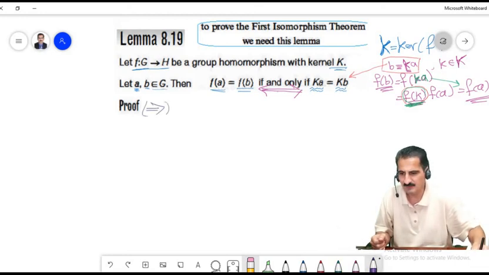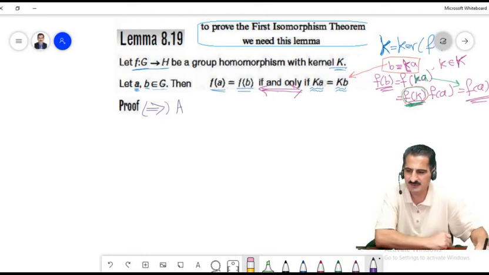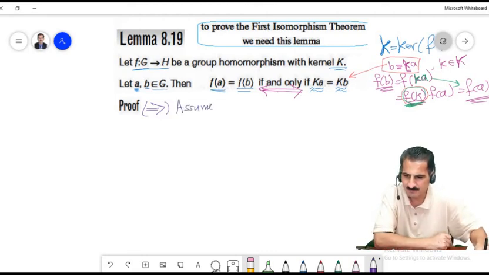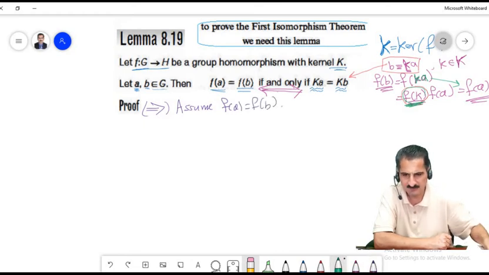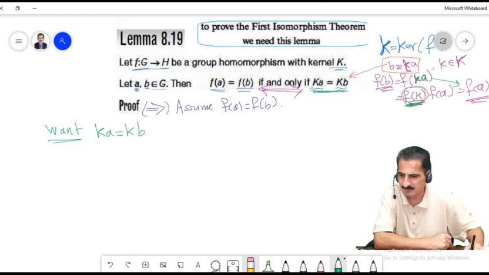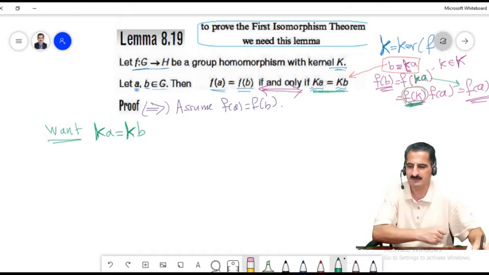So we will prove this direction. Assume f of a equals f of b. What do we want? We want Ka to equal Kb, right? Now this is the subgroup.